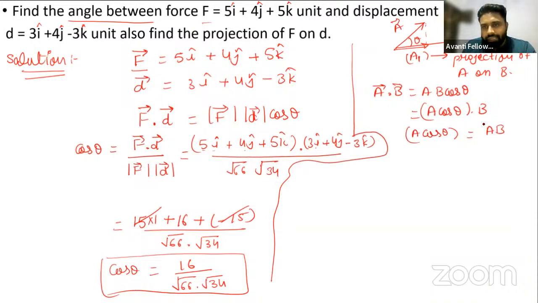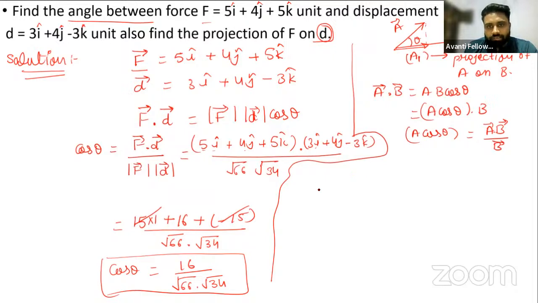So it will become A vector dot B vector divided by the magnitude of vector B. Which means you have to take the dot product of both the vectors and divide it by that vector on which the projection has been asked. Okay. So in this question, the projection of f on D has been asked, which means you have to project vector f on vector D. So you will have to take care of that.